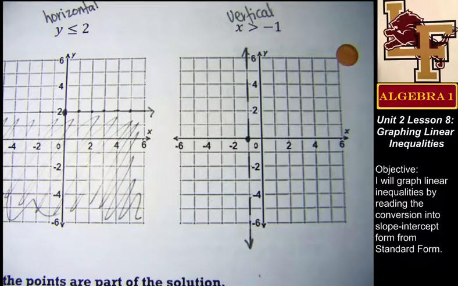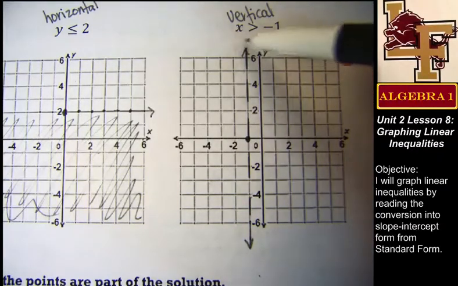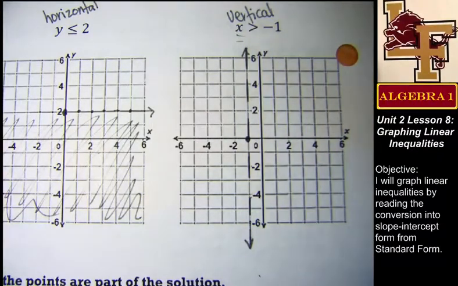Above. Okay, according to our notes it says above. There's a problem though. This is a vertical line. There's no such thing as above. Is it the right side? Yeah, it's the right side. You're looking for numbers that are bigger than -1. So as long as you pick numbers bigger than -1 and you shade in that area, you're good.